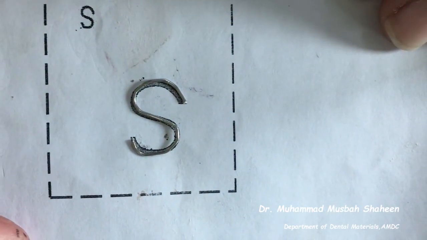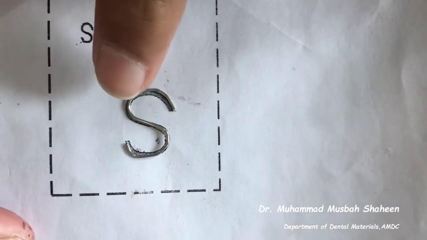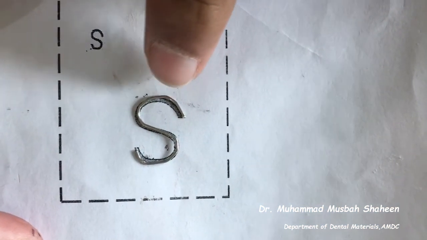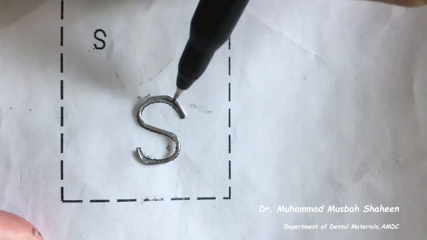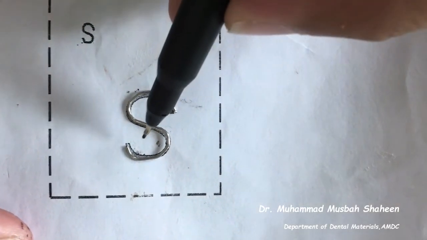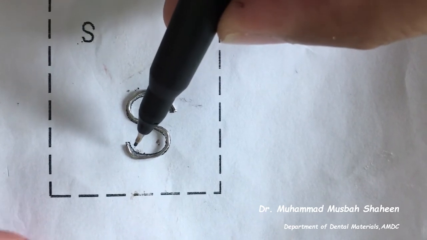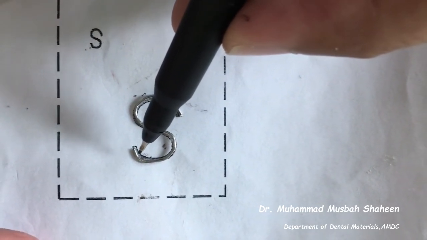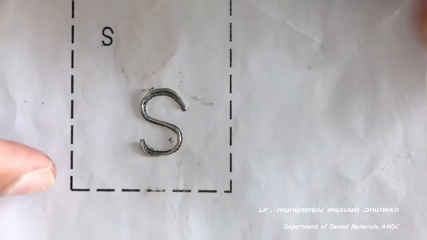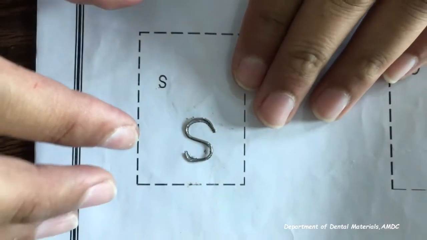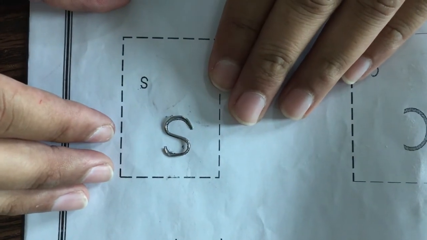You can see the wire which we have bent is just over the lines of the S alphabet. There are few sharp angles, and please try to avoid these sharp angles. This is all from our practical demonstration.